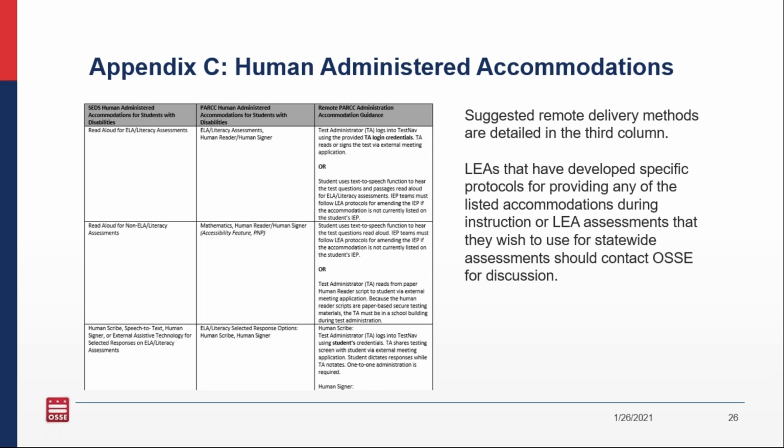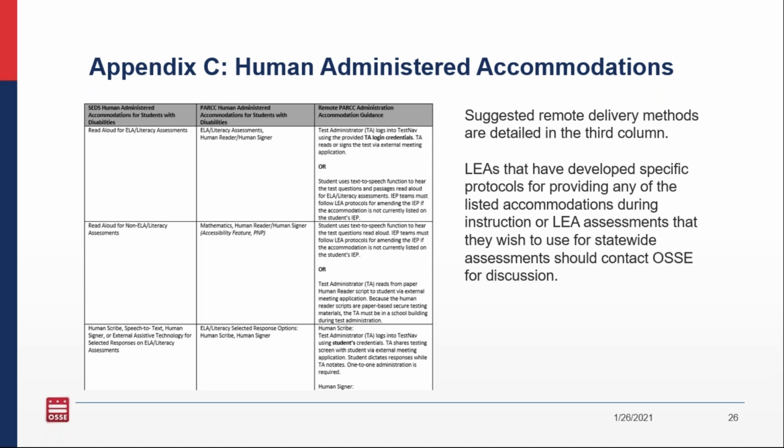So an example of how this can be administered this year: the test administrator logs into TestNav using the provided TA login credentials. The TA reads or signs the test via an external meeting application. So any external meeting application that your LEA is currently using, the TA will log into that and read or sign the assessment to the student that way.